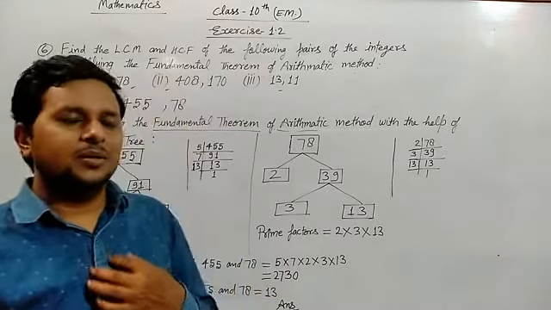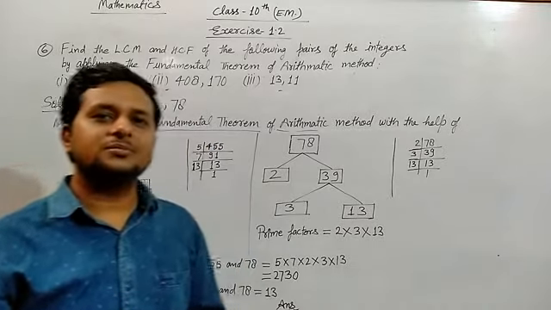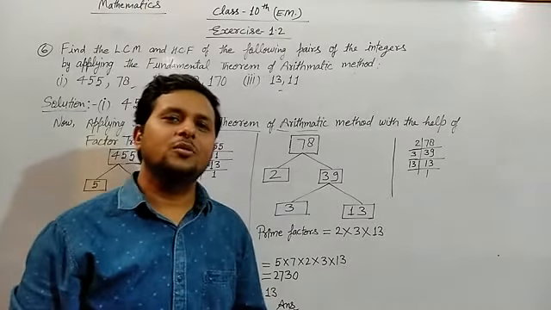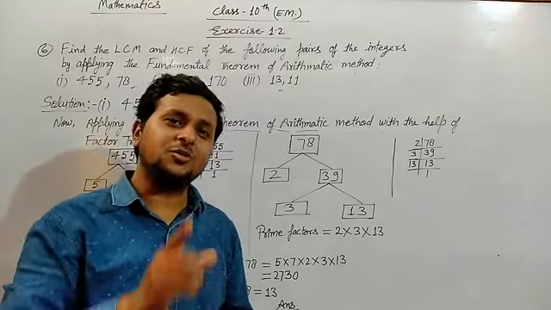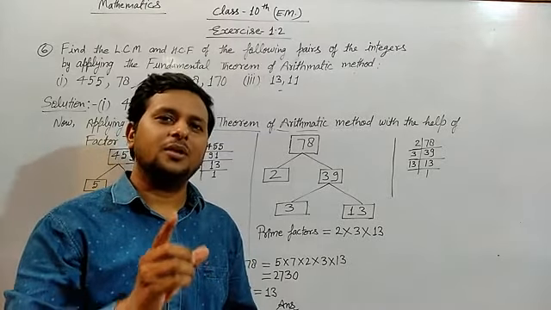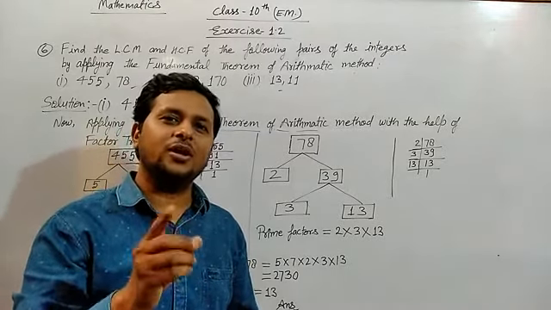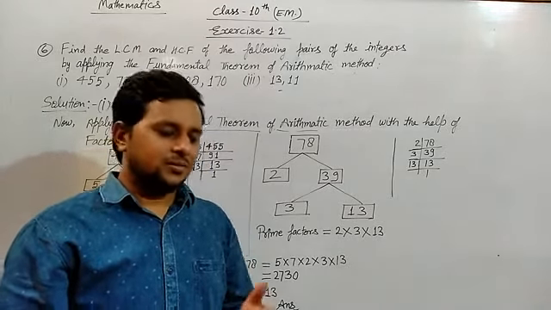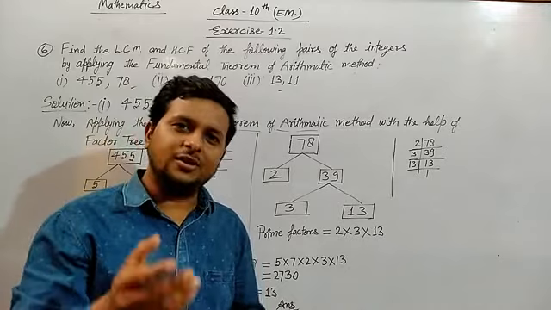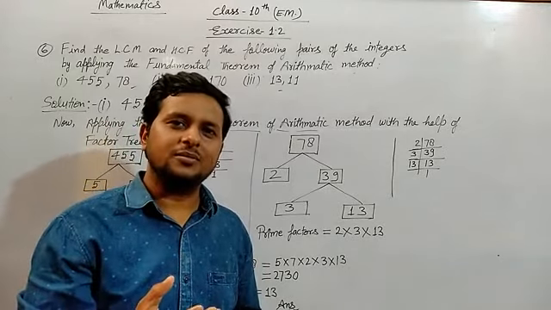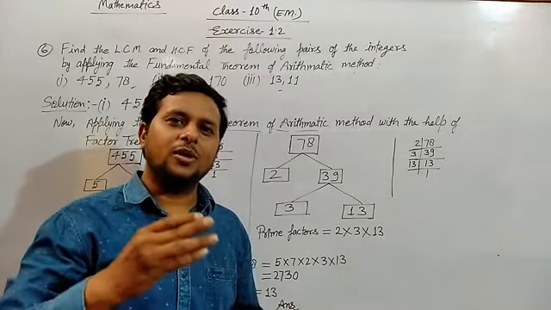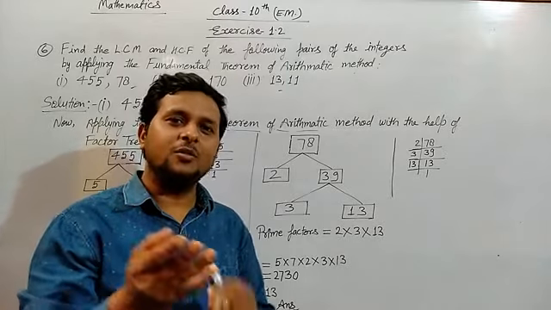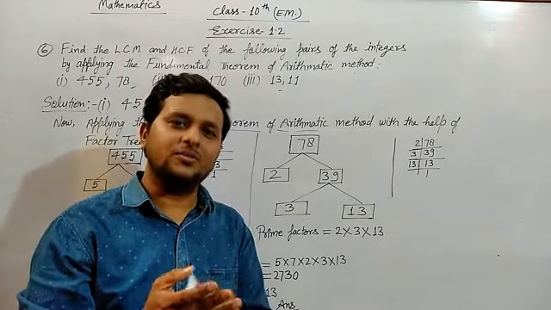Okay? And what is composite number? Those numbers which can be divided by at least one number other than one and itself. Okay? Means the number which can be divided by at least one other number than one and the number itself.